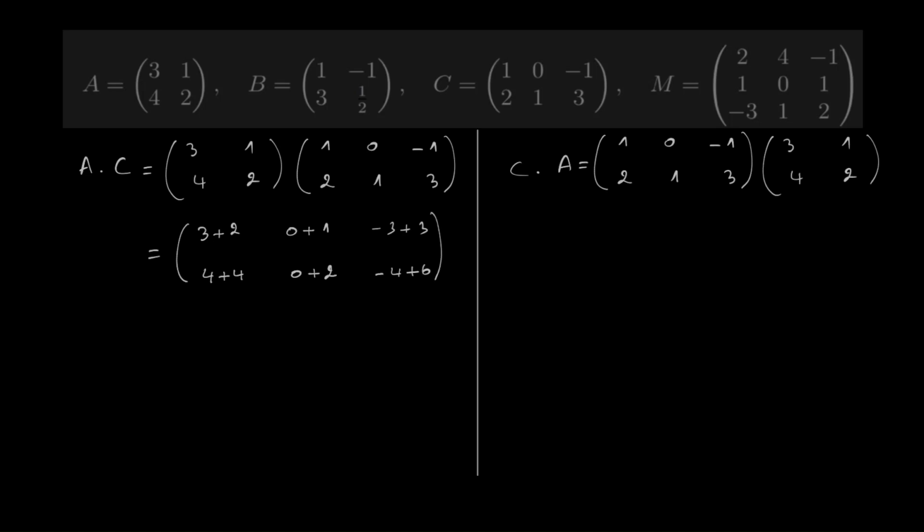And the result will be a 2 by 3 matrix. Now, for C times A, the number of columns in C is 3, which does not match the rows in A, which is 2. Then we cannot multiply them, and this product is not defined.